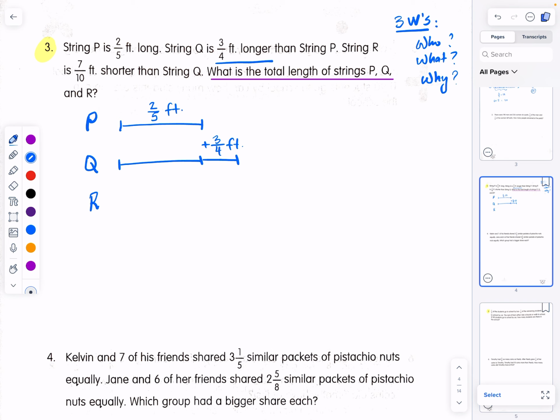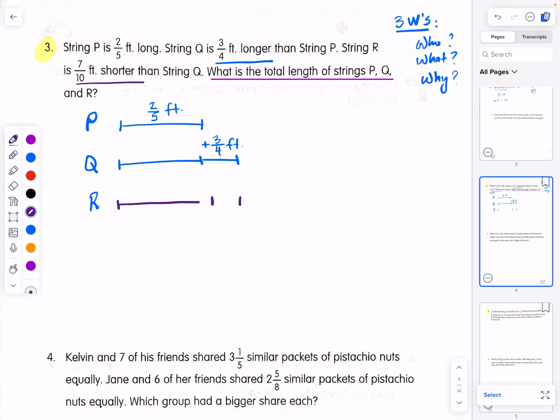Now, the final string, the third one, string R, is 7/10 of a foot shorter than string Q. So here we're comparing to Q. Is that going to be the same as Q? No, it's going to be 7/10 shorter than string Q. So maybe somewhere right here, right?